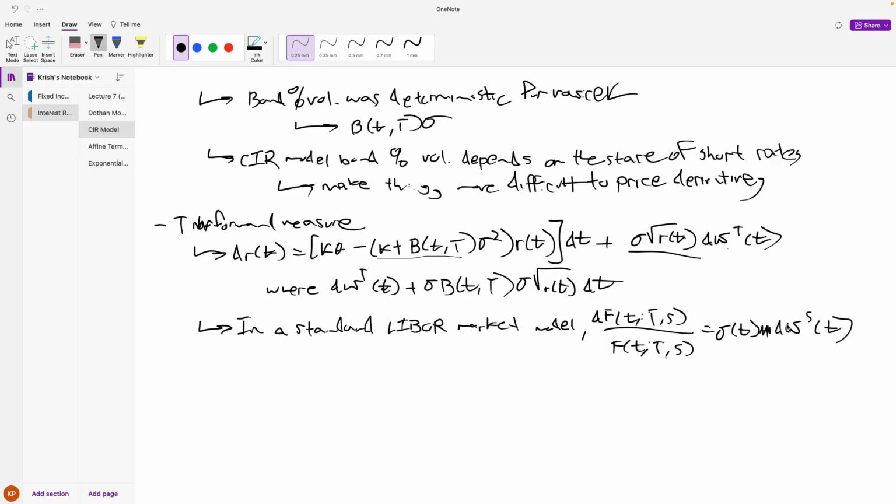So in standard forward rate measures, we have log normal distribution. But it is not the case in CIR, right? In CIR, it's not going to be log normal, it's going to be chi-squared. And because of that, it causes issues with forward rate assumption models. So let me write that down. Not log normal like standard.